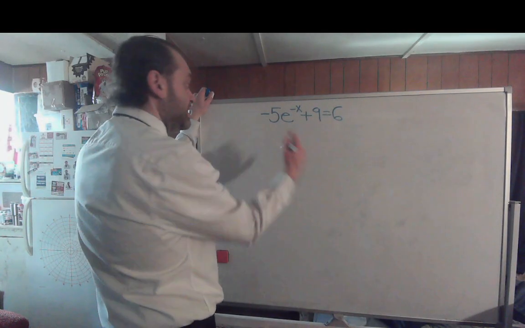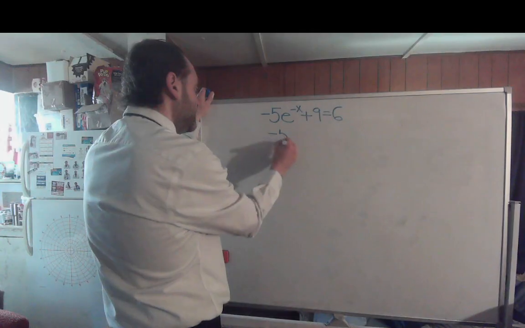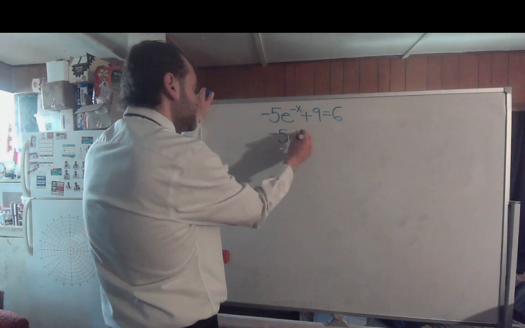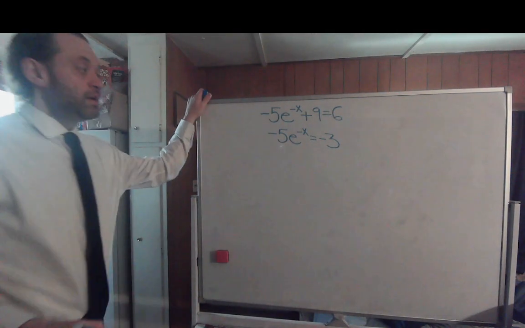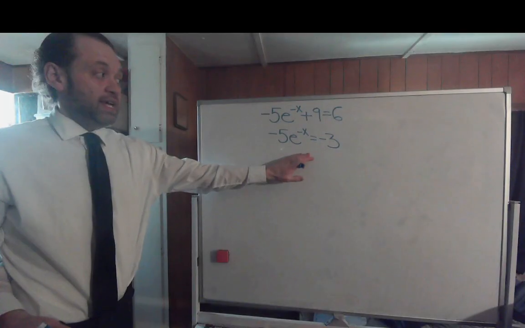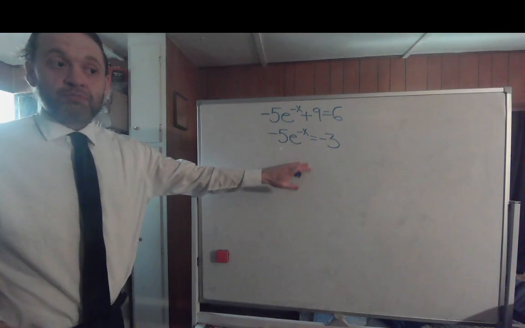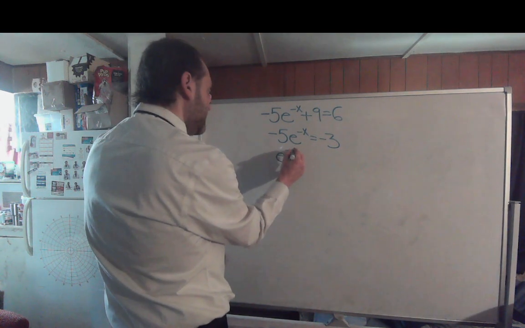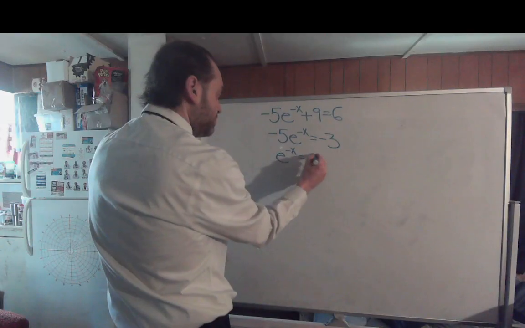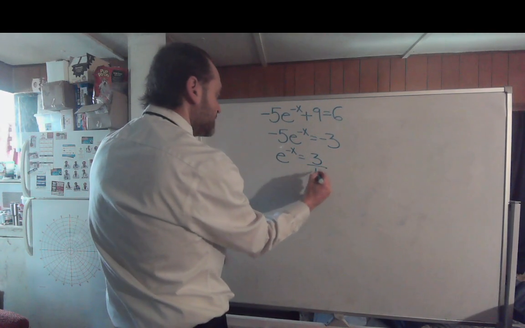So subtract 9 from both sides. You'll end up getting negative 5 e to the negative x would equal negative 3. And then we want to get that e to the negative x by itself, so divide both sides by negative 5. You'll end up getting e to the negative x equals positive 3/5.